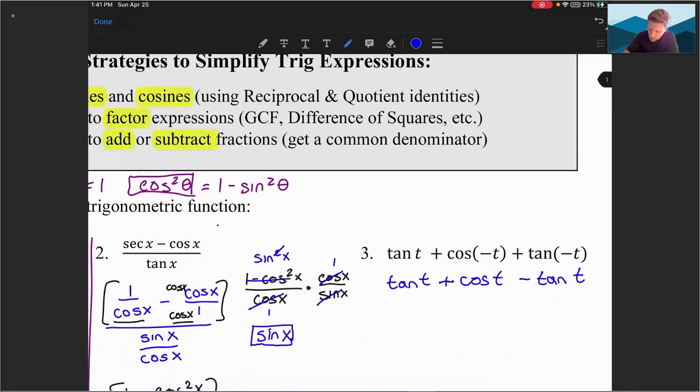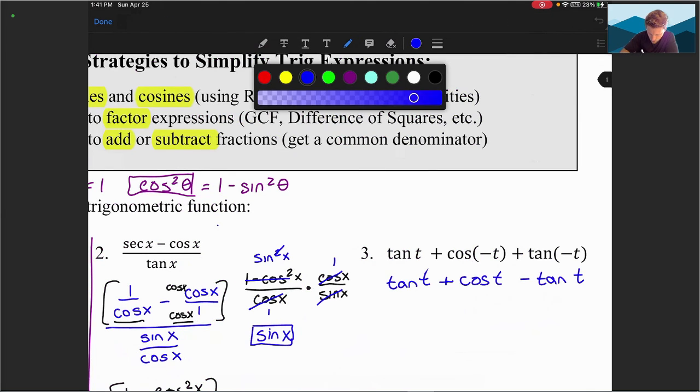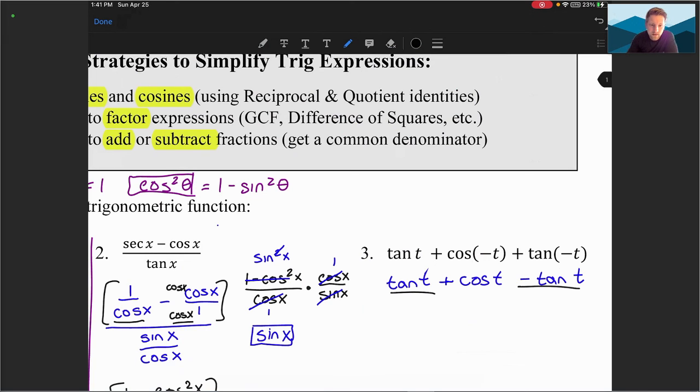So this one actually simplifies quite quickly. We have tangent of t minus tangent of t. Those will cancel to 0, and we'll just be left with cosine of t. And that will be the completion for this problem.